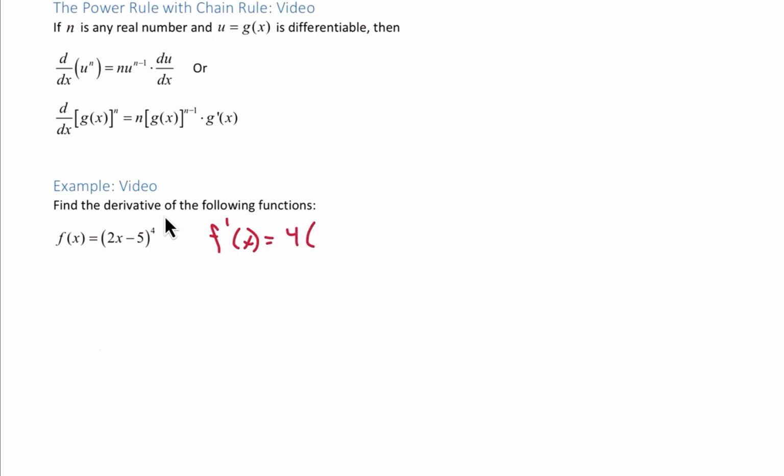We're going to copy the inside and subtract 1 on the exponent. Now we have to remember to multiply by the derivative of the inside. Derivative of the inside is simply 2. So f prime is 8 times 2x minus 5 to the third power.